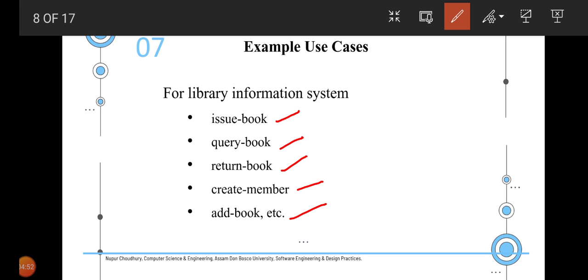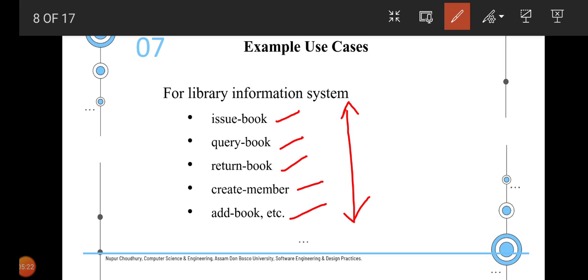However, we have to understand that all of them are functionally independent of each other. However, there are some implicit dependencies within the use cases of the library information system or library automation system. For example, let us consider issue book and query book.